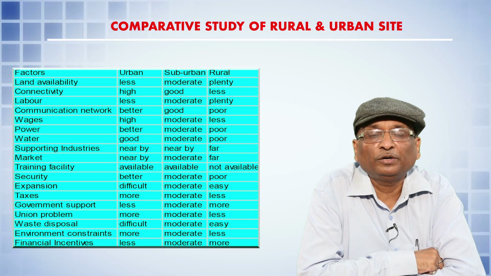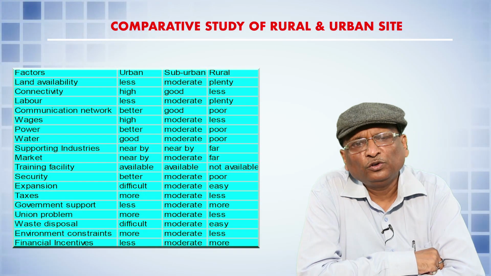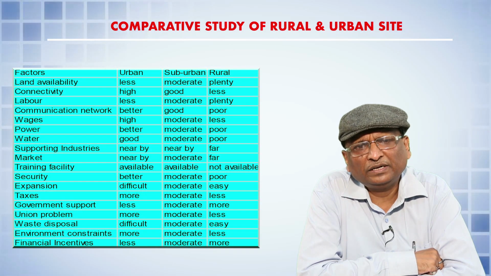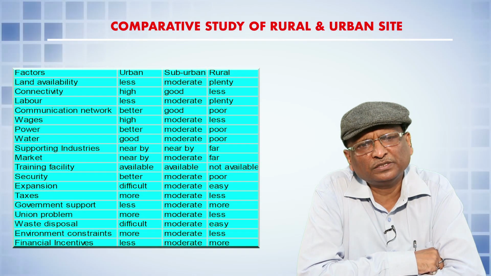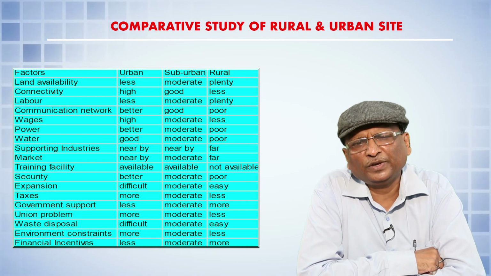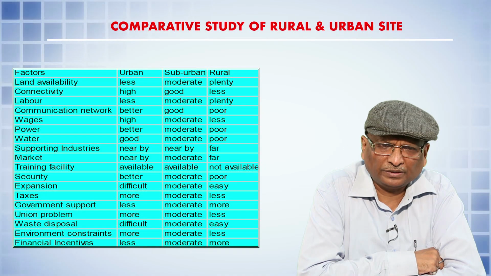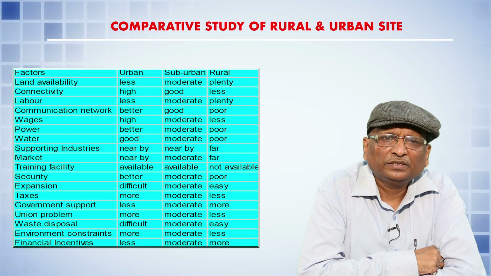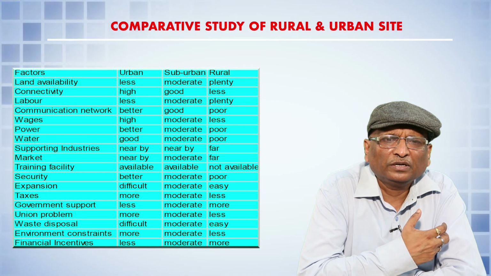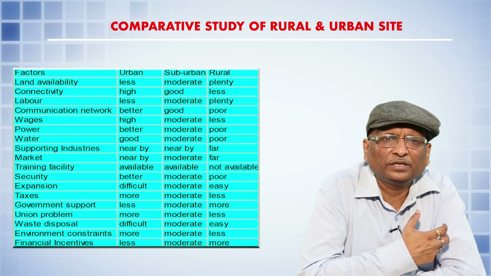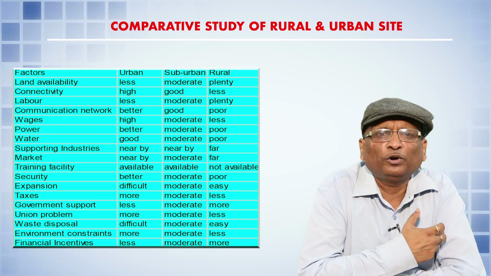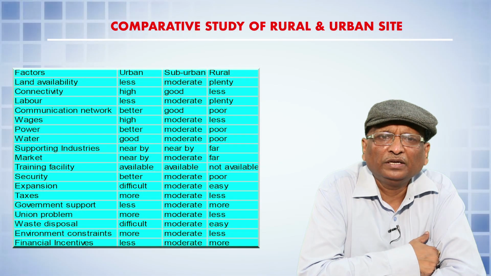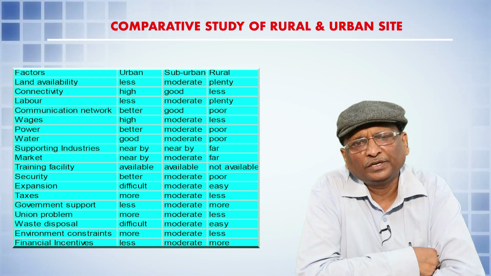Now, another important point is union problem. You will find that a particular area is famous for a specific attitude of the person. That means the attitude of the person or the attitude of the population also gives a very important consideration in making the facility location decision.